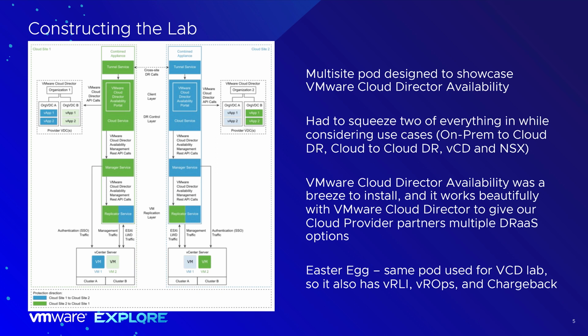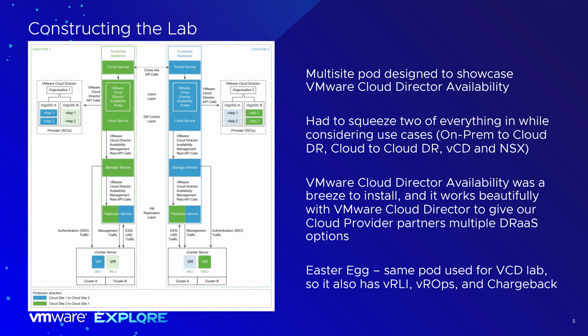In years past, we had separate pods, one just for the VCDA lab, and another pod just to show off VCD working with other tools like NSX and vSAN. This year I thought it'd be fun to merge those together into one huge pod.